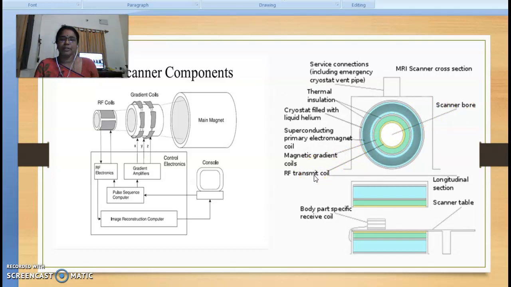This is the radio frequency transmit coil, magnetic gradient coils, superconducting primary electromagnetic coil, and then the cryostat filled with liquid helium. Here this is thermal insulation. This is the MRI scanner, the cross section, simply.